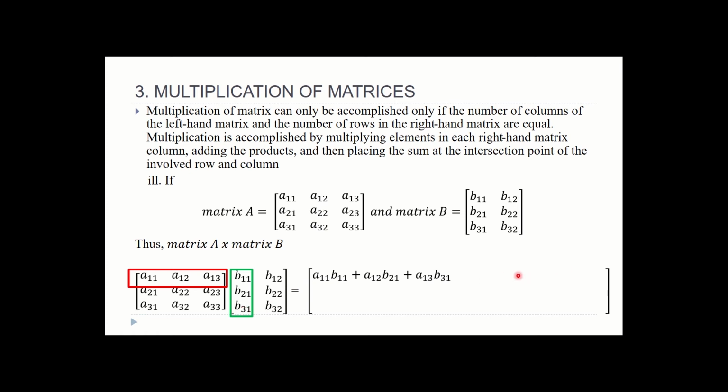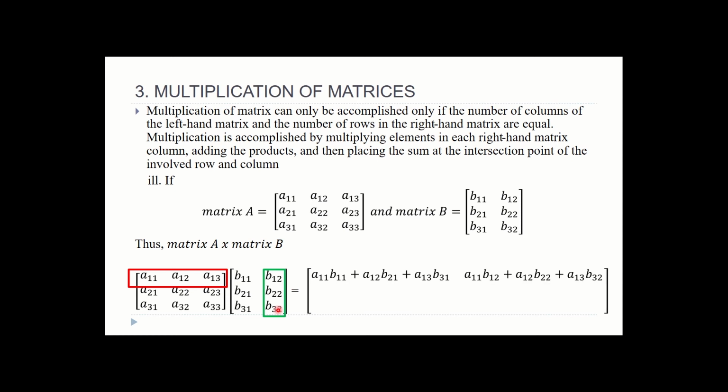For the second element of your first row, we need the first row of your matrix A and the second column of your matrix B. Thus, your second element of the first row is equal to your A11 times B12 plus A12 times B22 plus A13 times B32.